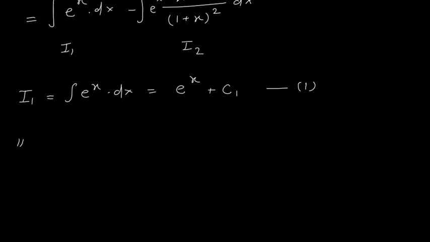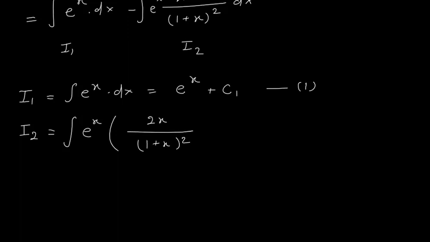Then I will discuss this second part, which is I2. So I2 is equal to integration of e power x, and inside bracket we have 2x upon 1 plus x the whole square. So here we can use partial fraction, or you can do some adjustments also.